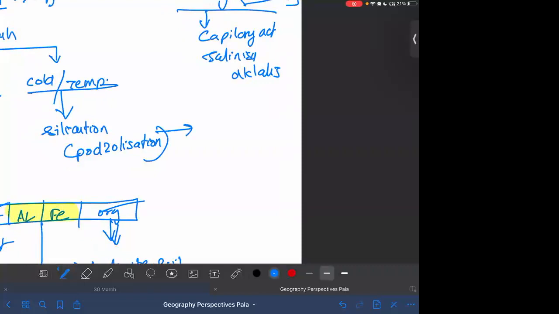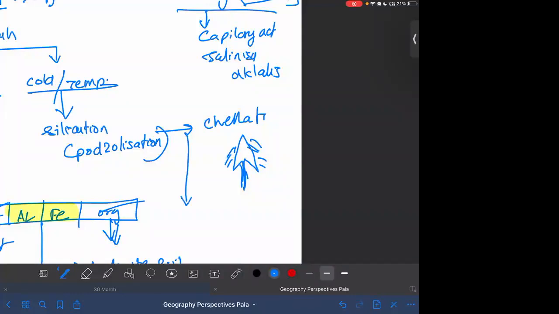Here, silica is not taken away. There is a process of chelation. You know, we have coniferous trees. When these coniferous trees fall down, they slowly disintegrate and make an acidic solution. So that is the acidic soil, acidic material. That is the process of chelation.